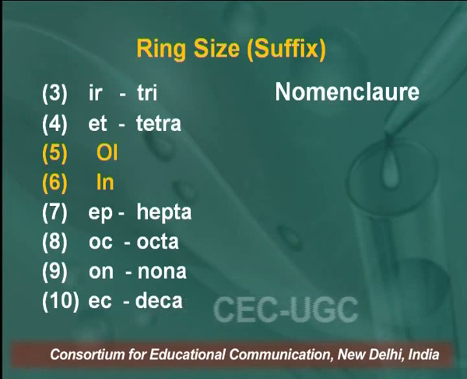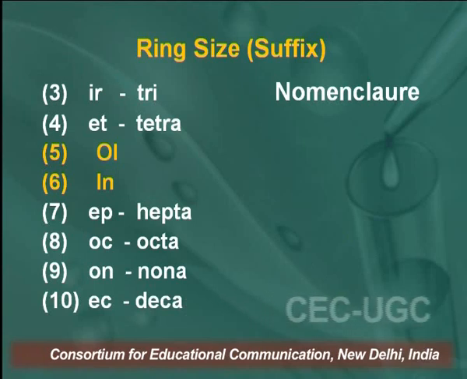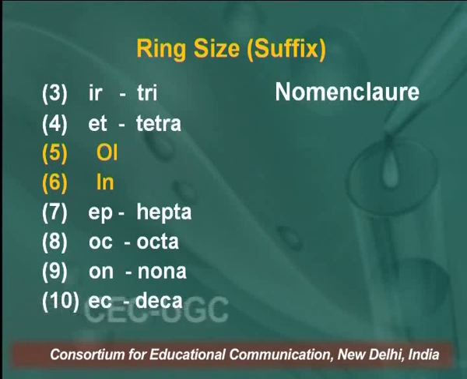The exceptions are 5 and 6: ol and in. You have to learn them on their own, ol for 5, in for 6. Similarly, ep we have taken from hepta, oc from octa, on for a 9-membered ring from nona, and ec for 10 from deca.